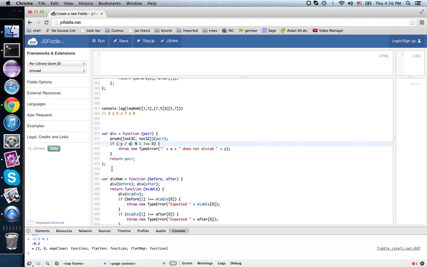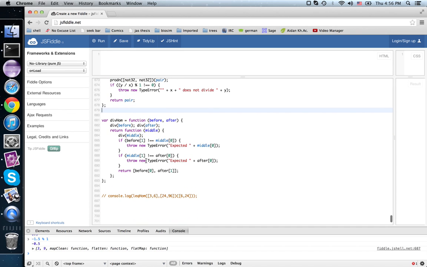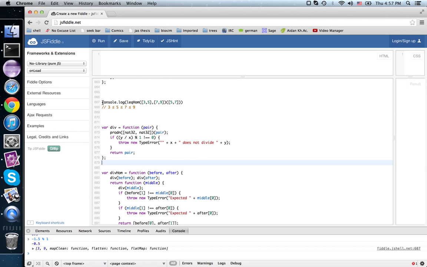So this div accepts things like 2, 4, because 2 divides 4. 2 is a factor of 4. 4 divided by 2 has 0 remainder. Okay. Then we can compose these, exactly the same logic. And then here, oops, comment that one out.